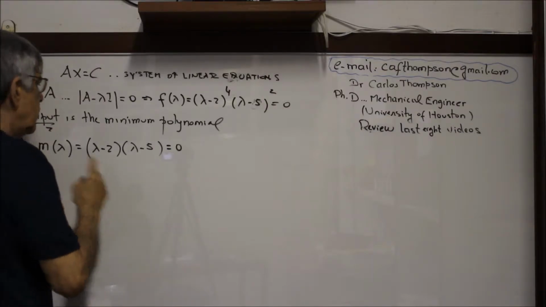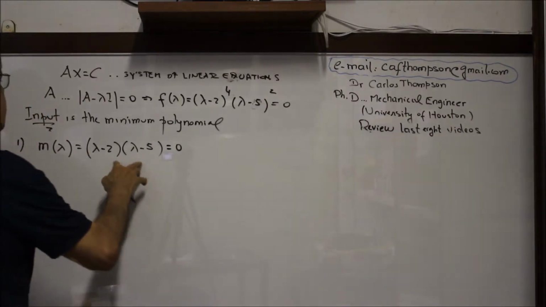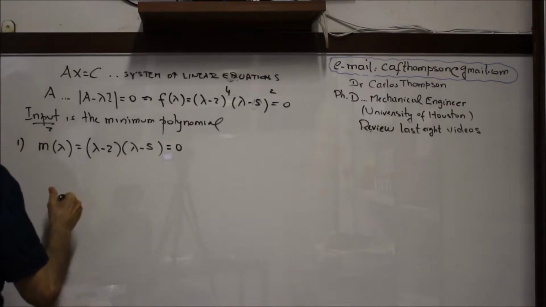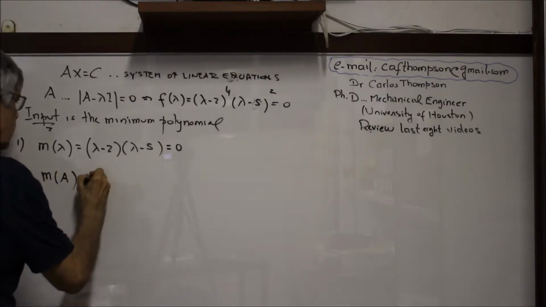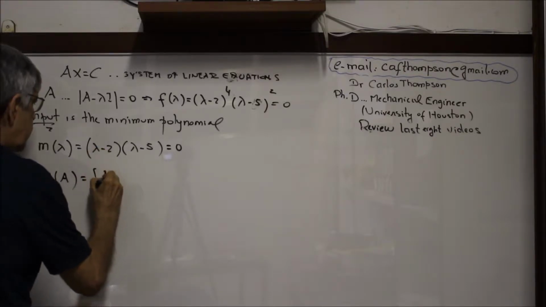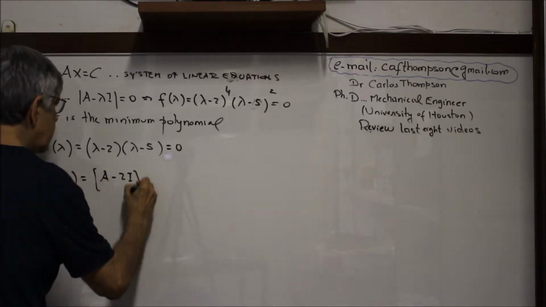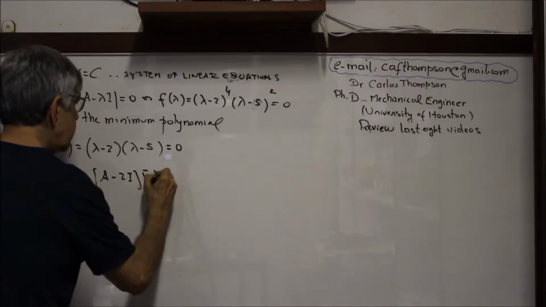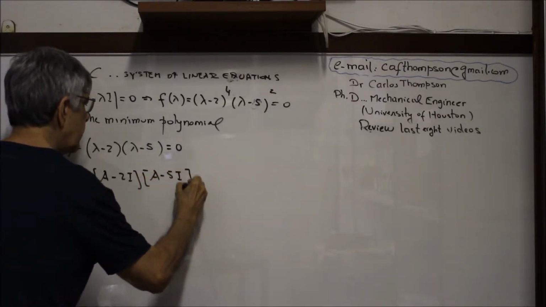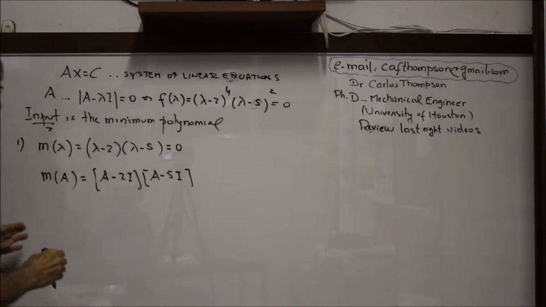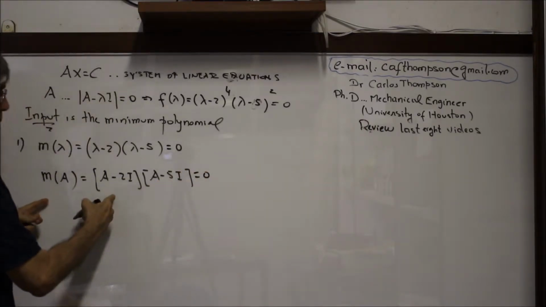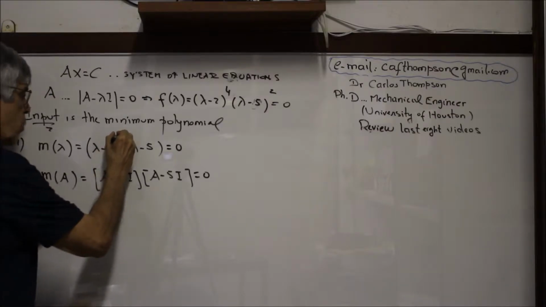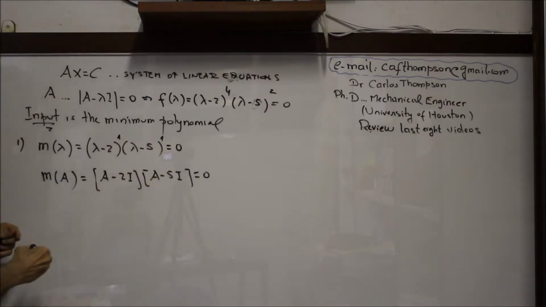Now let's see what's going on here. m of A is equal to A minus 2I multiplied by A minus 5I. You have to remember this is equal to 0, that this is a power 1 and this is a power 1. You have to remember the blocks.